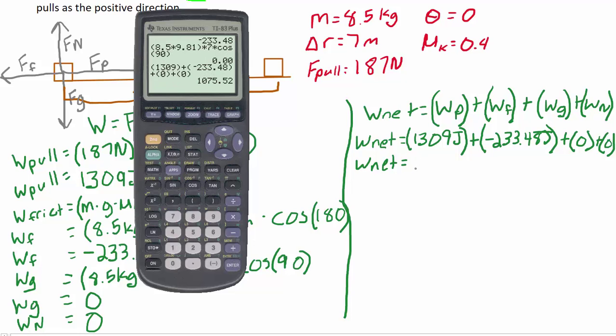And so our net work is 1075.52 joules. This is our answer.